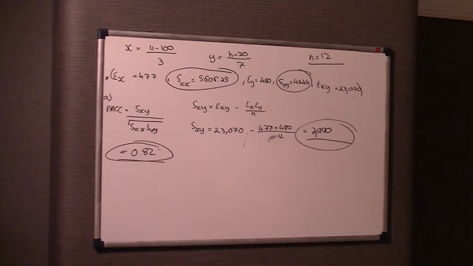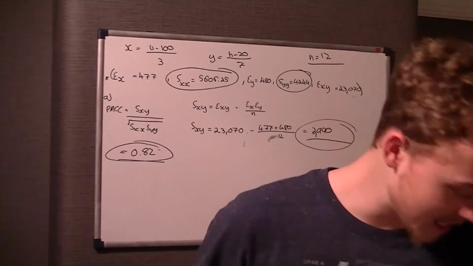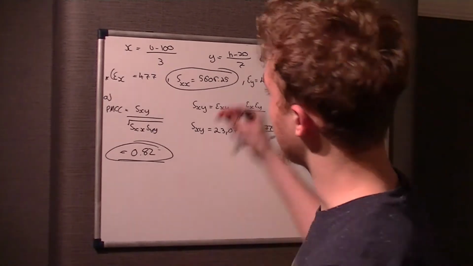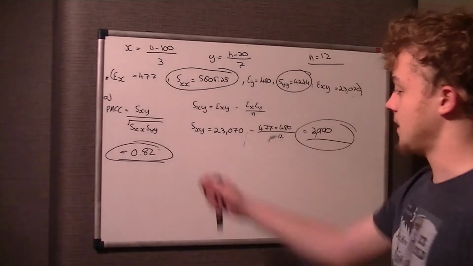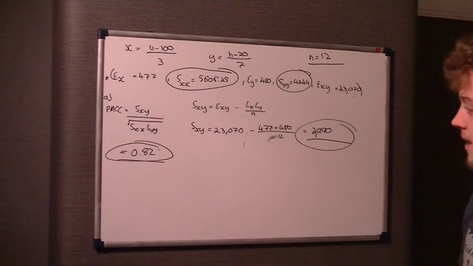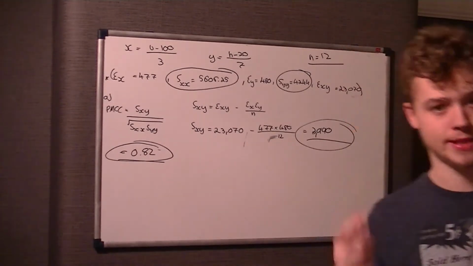C says, the bank claims that an increase in unemployment among its customers is associated with an increase in house repossessions. State whether this is supported or not by the data. This is the PMCC for the unemployment and the houses, so it's the relationship between the two.